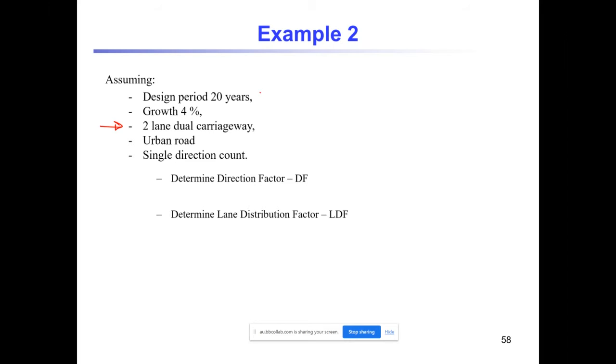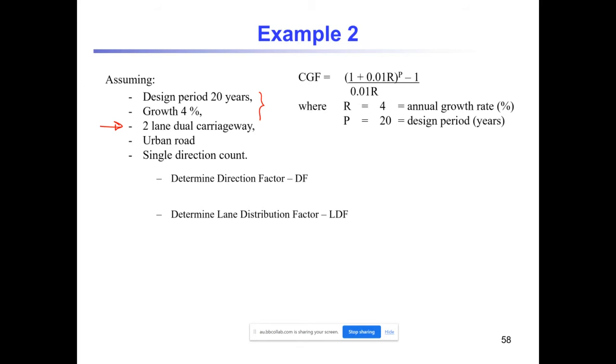Now, based on the design period and also the growth rate, you can calculate the cumulative growth factor, which is used in order to determine the design traffic for the whole design life. This is the equation that we have from statistics, right? You can calculate the value of cumulative growth factor.